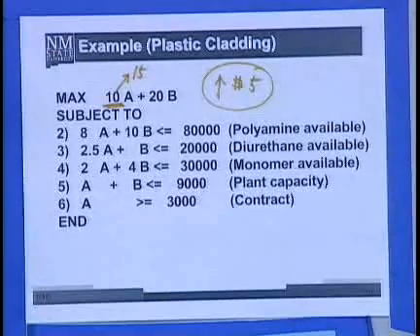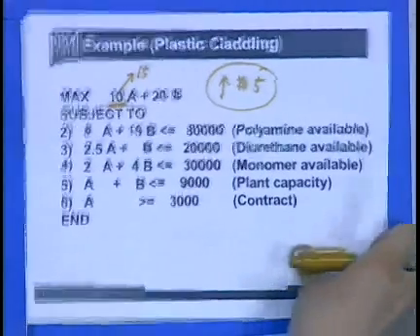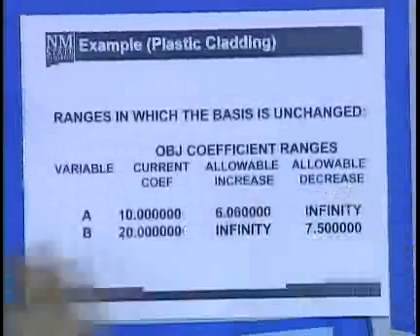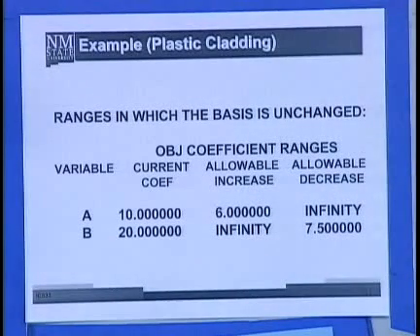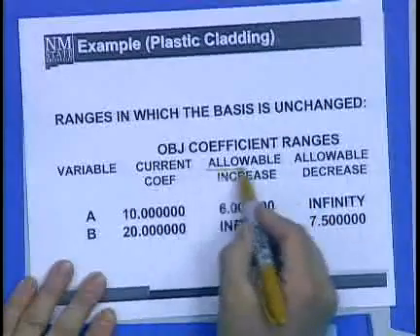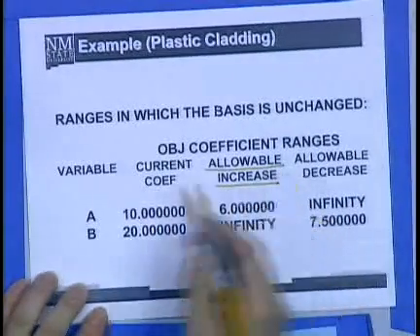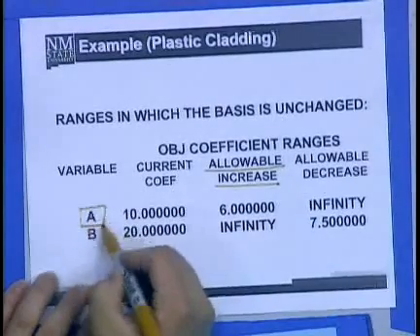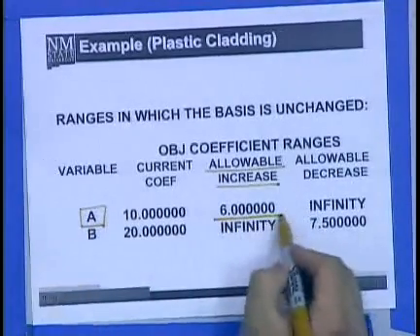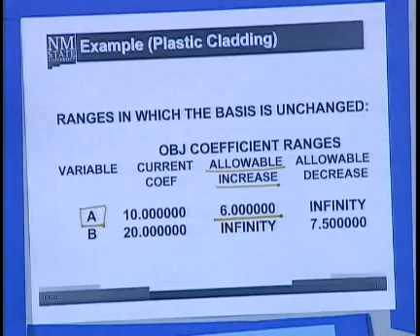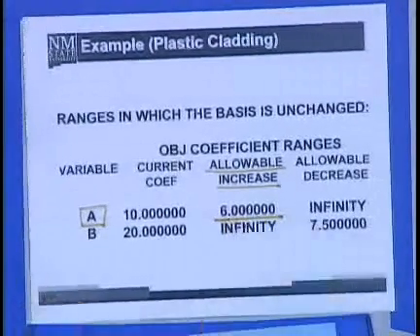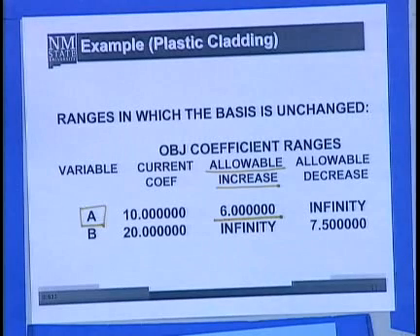Again, we need to look at the objective coefficient ranges for variable A. The allowable increase for variable A is 6, and the $5 increase is less than this allowable increase range.